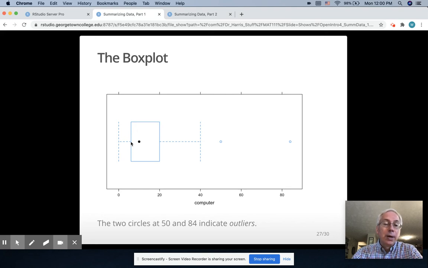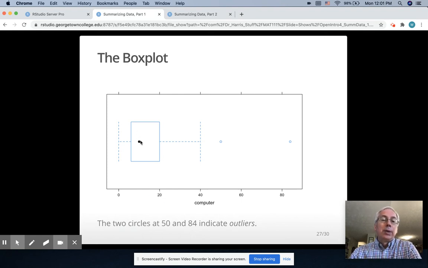So here, this left end of the box is hovering above the first quartile. Our first quartile in this case was 6. So 6 is right here on my axis. The right edge of the box is going to be the third quartile. Our third quartile was 20. And so this number right here is centered right over 20.